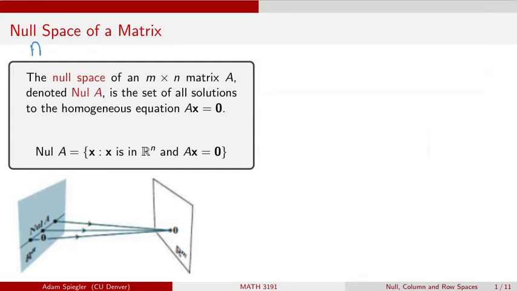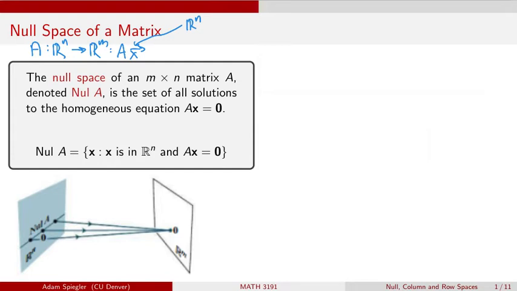So this matrix A we can think of as a map from Rn into Rm. Since we can multiply this matrix A by vectors, and in order for that product to make sense, the vector that we multiply by matrix A has to have n different rows.